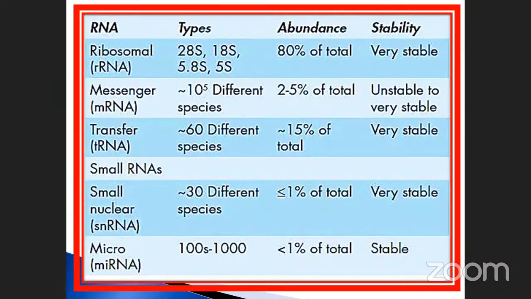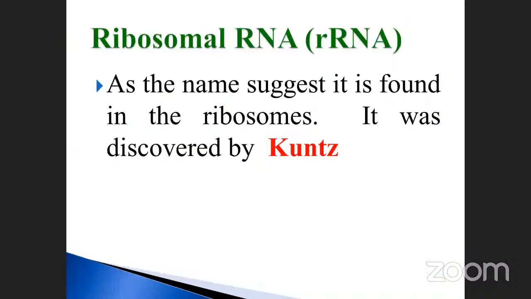That is also more than 1%. Total, okay, stable. So in this slide, you must note these three are very, very essential: rRNA, mRNA, tRNA. Percentage: rRNA 80%, mRNA 5%, transfer RNA 15%, total 100%, is very, very important.